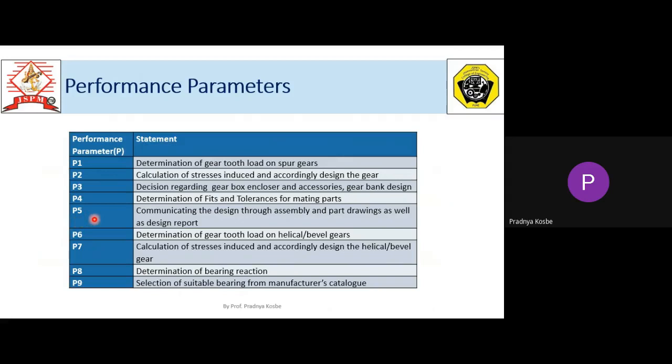So that is for performance parameter P5. Then P6, determination of gear tooth load on helical gears. In P7, calculation of stresses induced and accordingly design the helical gear. P8, determination of bearing reaction. And the last performance parameter, P9, is selection of a suitable bearing from the manufacturer's catalog.